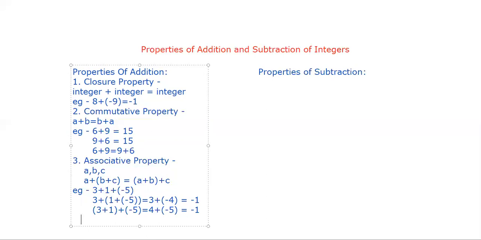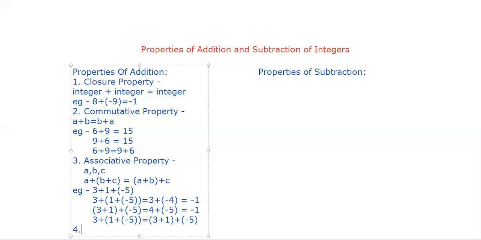So I can say that 3 plus 1 plus minus 5 is equal to 3 plus 1 plus minus 5, with either grouping. We have learned three.